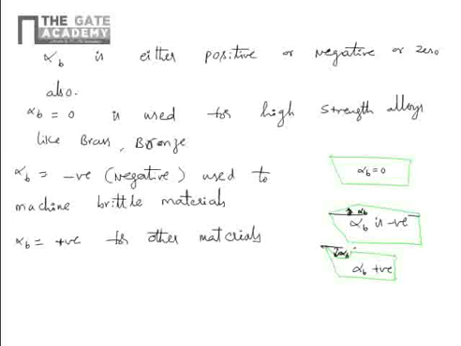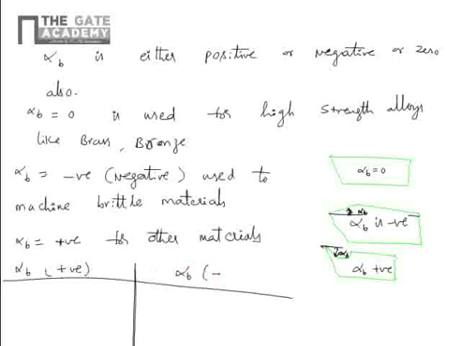Here we need to discuss only the difference between positive back rake angle and negative back rake angle. Those are more important. We will list out a few differences. Alpha B positive, alpha B negative.